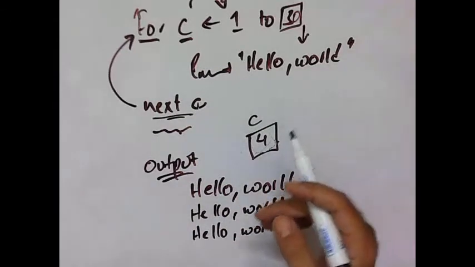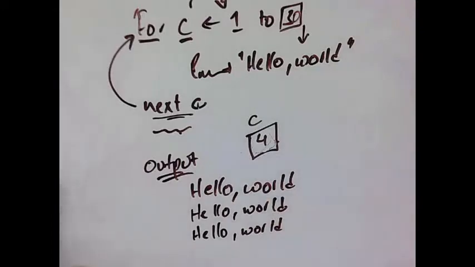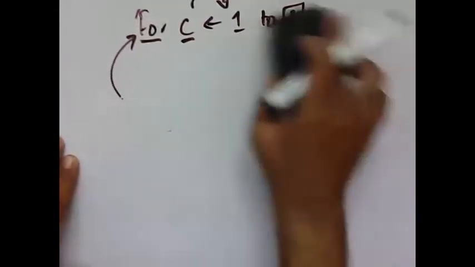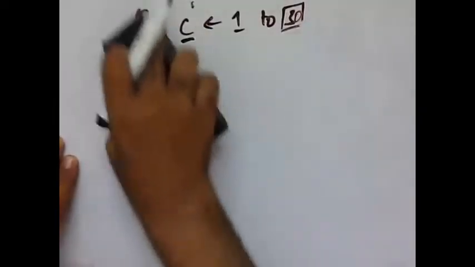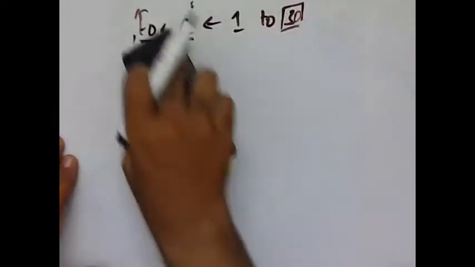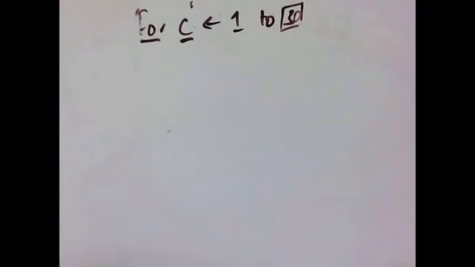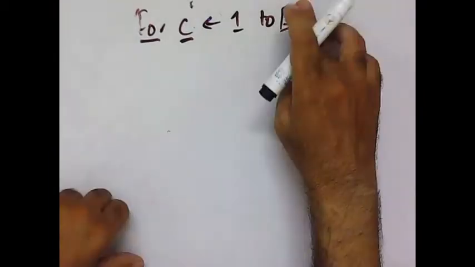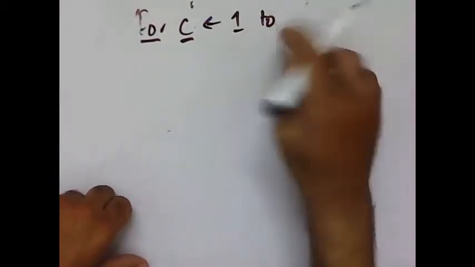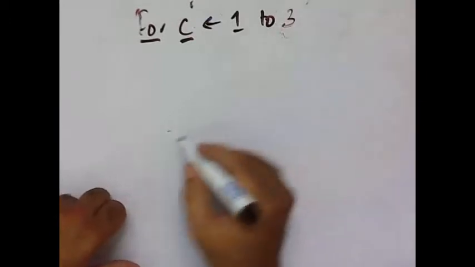Now what happens with a nested loop? Let's create a nested loop. A nested loop means that we have a loop inside a loop. So let's keep this as 3.